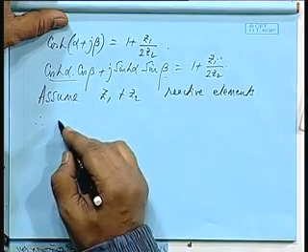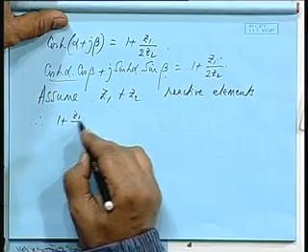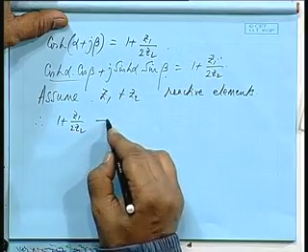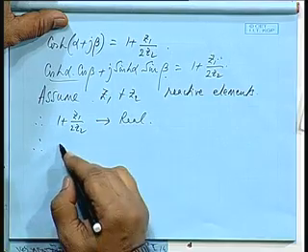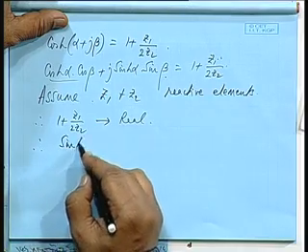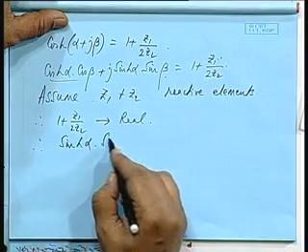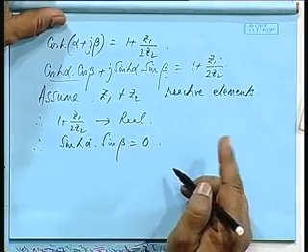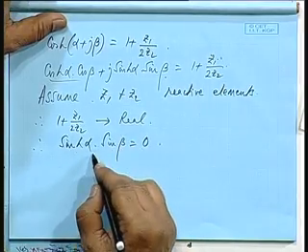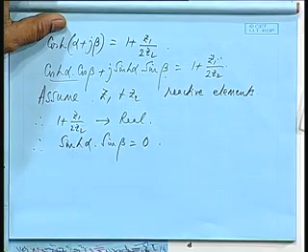Therefore, 1 plus Z1 by twice Z2 is real. Therefore, sin alpha multiplied by sin beta is 0. So, there are two possibilities, either this is 0 or this is 0. Okay. So, we will take up one at a time.